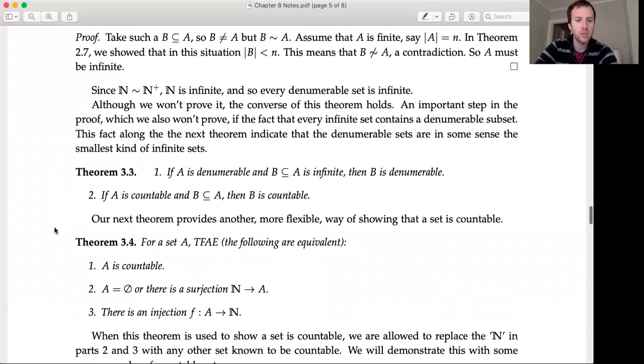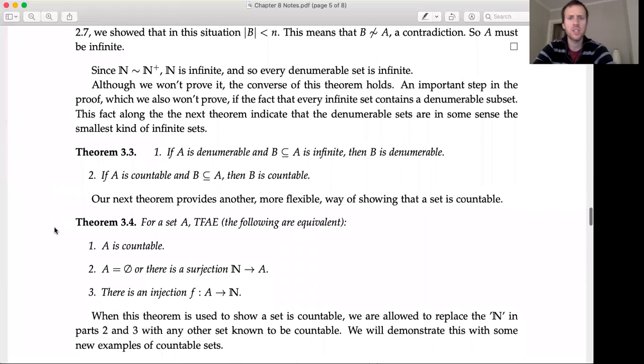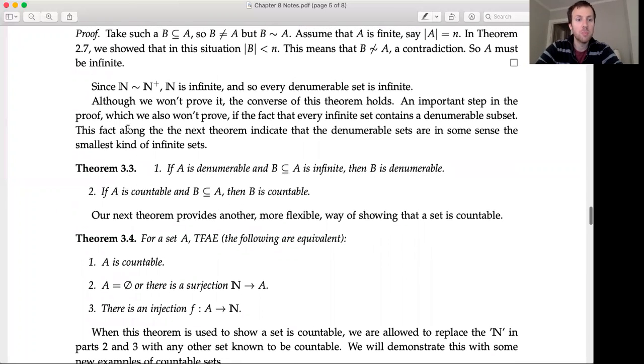So some theorems can be established which let you have some more flexibility in proving that sets are countable or denumerable. So part of what this theorem says is really that these denumerable sets are the smallest kind of infinite set.